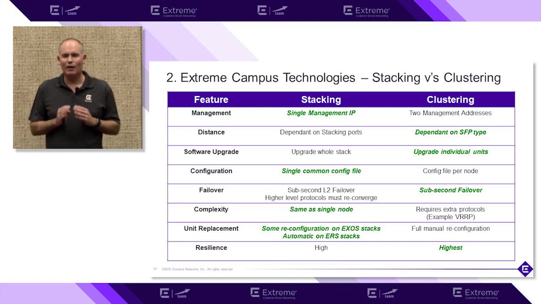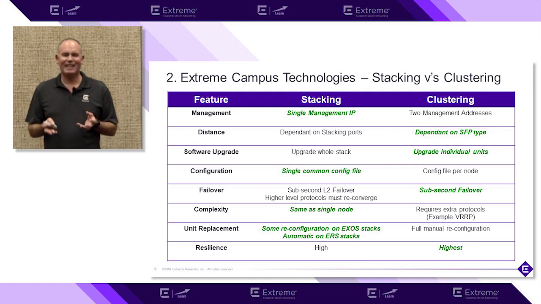With clustering, we always use the traditional Ethernet ports, be it 1 gig, 10 gig, 40 gig, or even 100 gig. And we can actually make use of the different types of SFP or QSFP that are available for those switches to make the distance between the clustered pairs as far as we want. So clustering wins out.